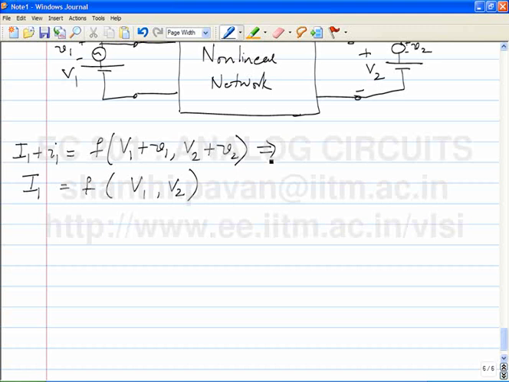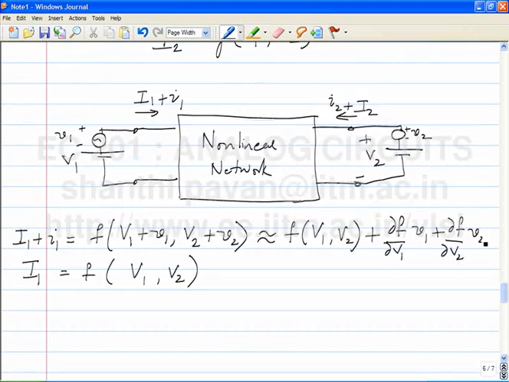Earlier you would approximate a curve by a straight line. Now you approximate a surface by a plane. Okay. So the Taylor series approximation will give you f of V1 comma V2 plus higher order terms in the series.